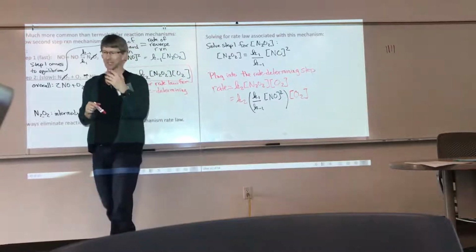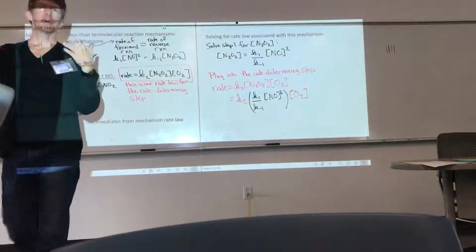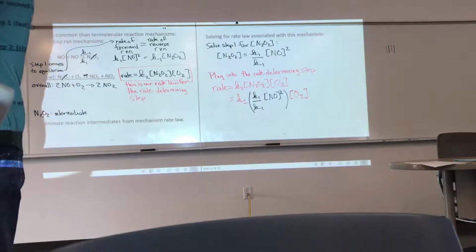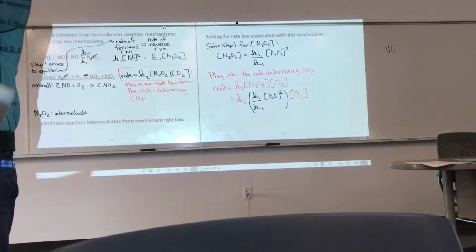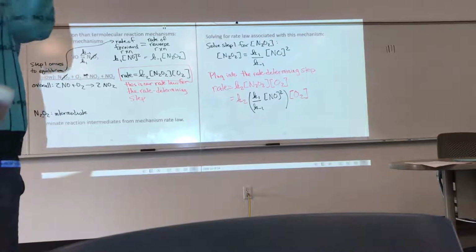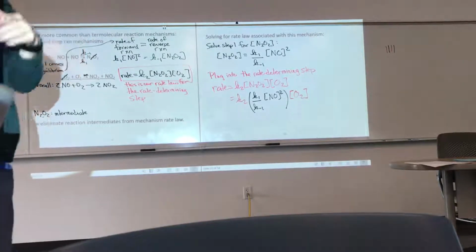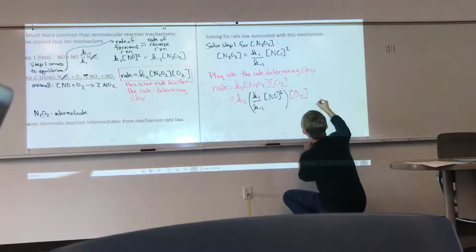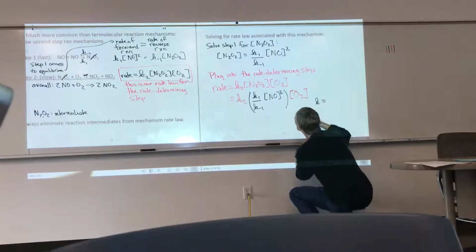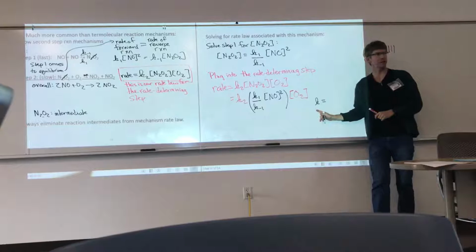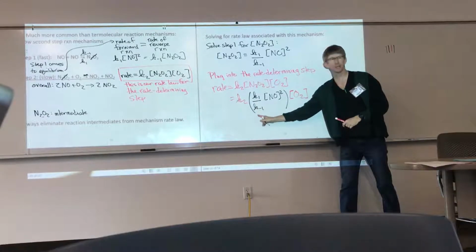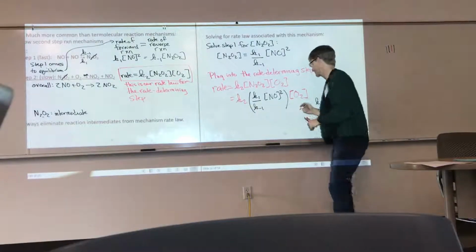Now, maybe this is because I'm an engineer, maybe not. But if I see 3 numbers that when multiplied together are all constants, I'd rather turn them into 1 constant. So what I'm going to do, just plain old little k, I'll define as k2 times k1 over k sub -1.